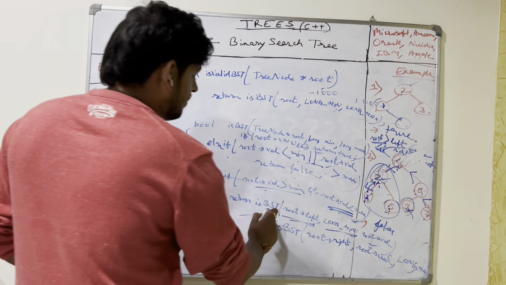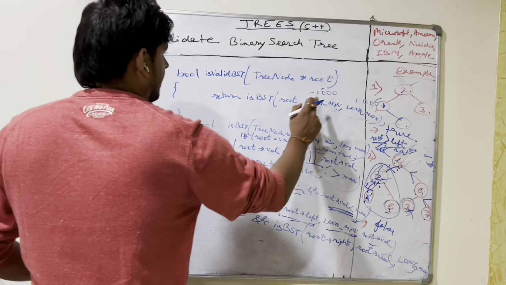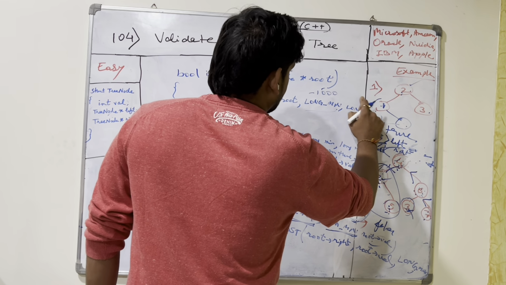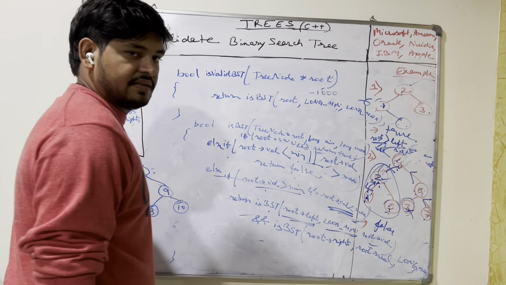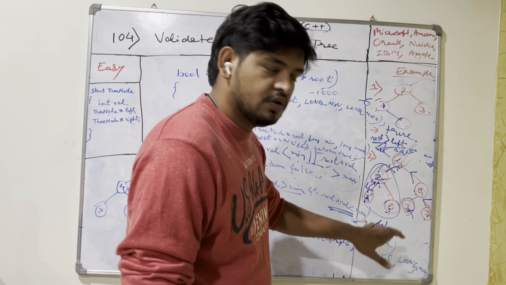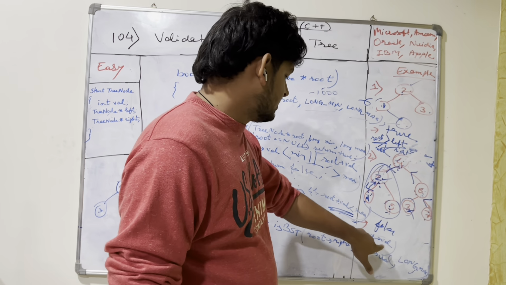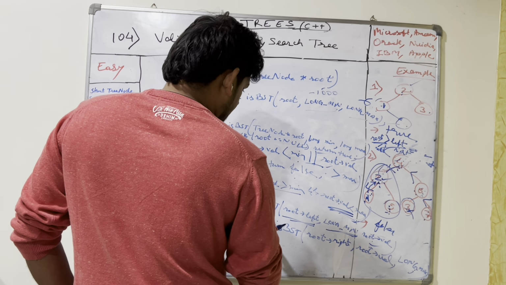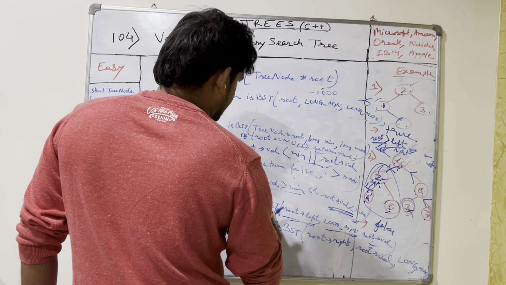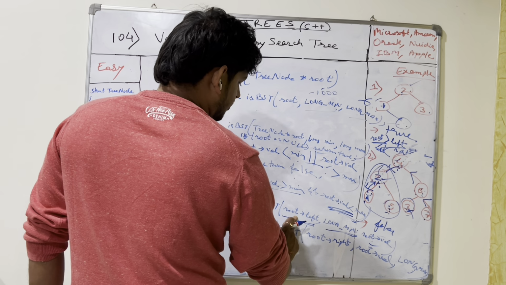Now this will be called again. Here, instead of max, we will have it as 6, because we have changed this max to the root value, which is 6. Now again this should be called with this root left.